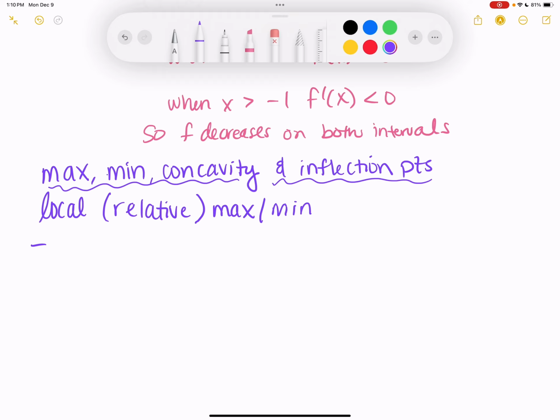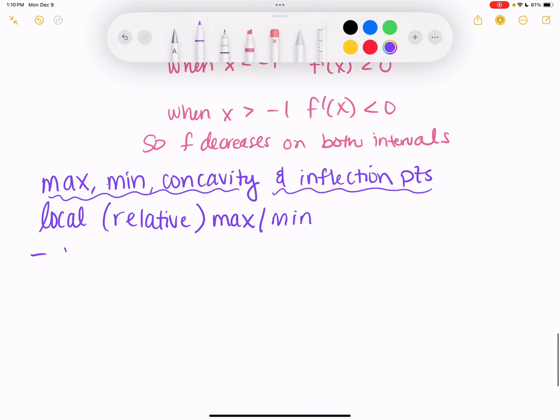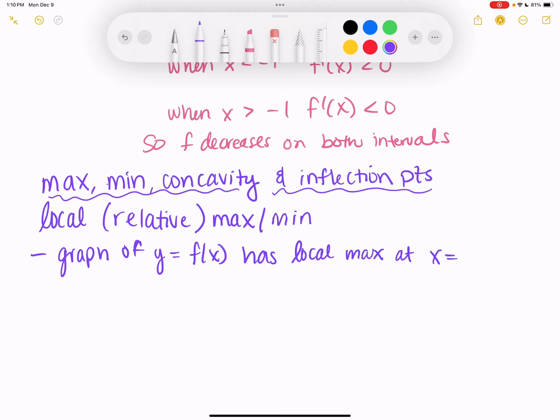All right. Local or relative max and min. The graph of y equals f of x has a local max at x equals c if f of c is greater than or equal to f of x for all x in the immediate neighborhood of x equals c.